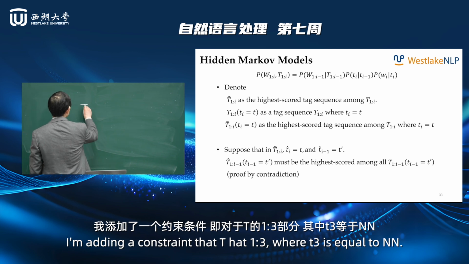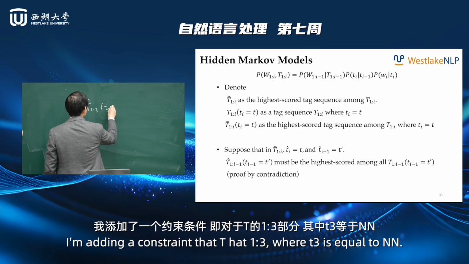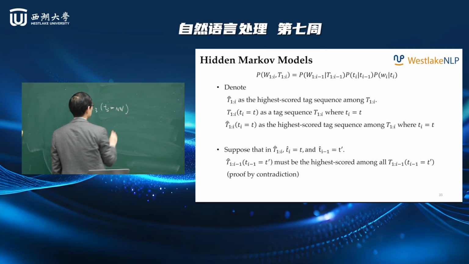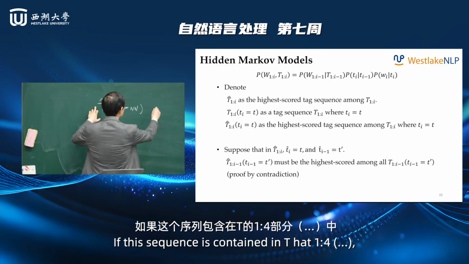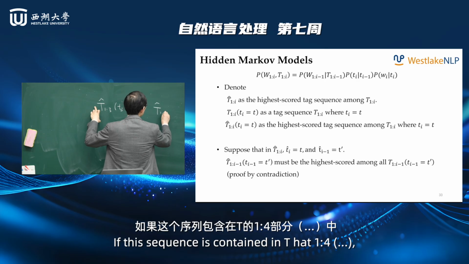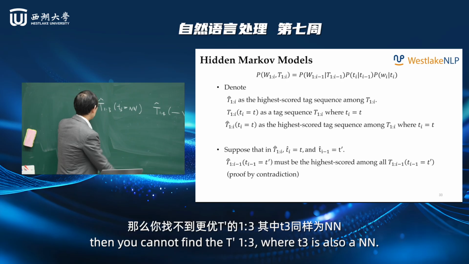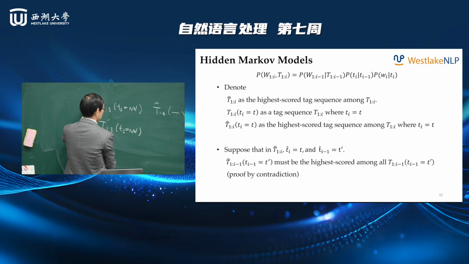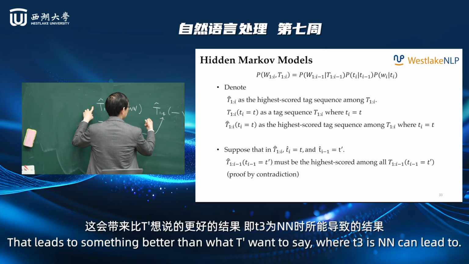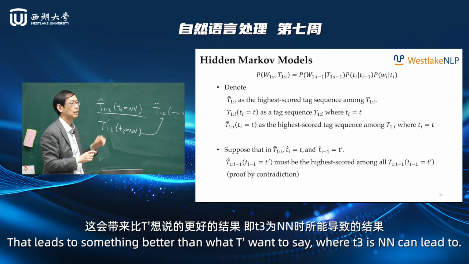I'm adding a constraint that t hat 1 to 3, where t3 is equal to noun. Okay? If this sequence is contained in t hat 1 to 4, some constraint, okay, then you cannot find the t prime 1 to 3 where t3 is also a noun that leads to something better than what t hat 1 to 3 where t3 is a noun can lead to.